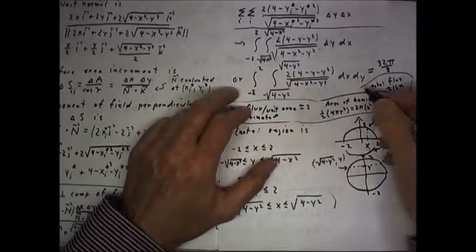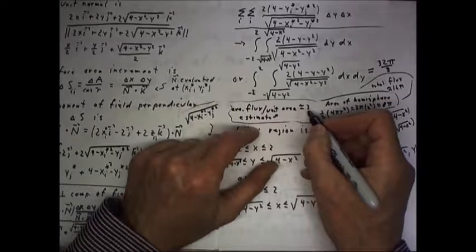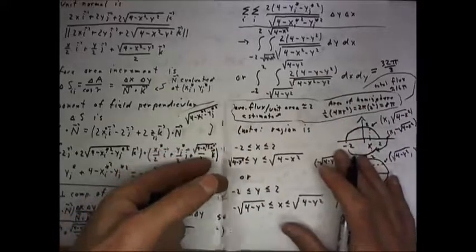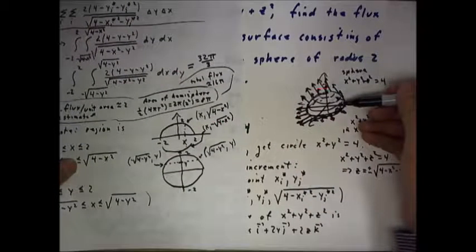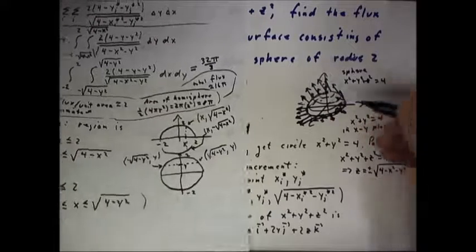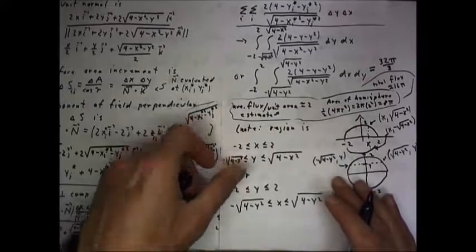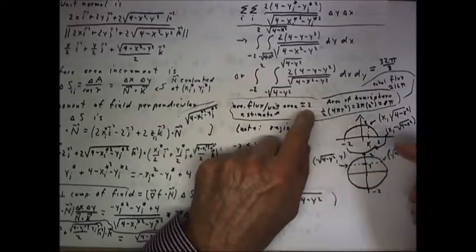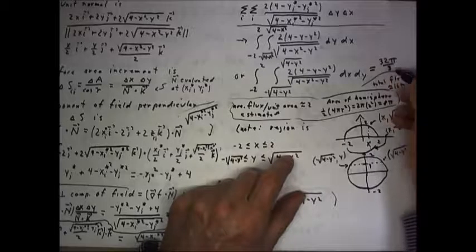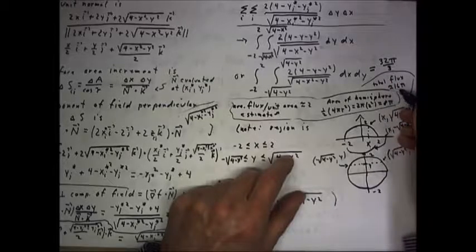Now that comes out a little more than 10 pi. The estimate was 16 pi, so I did overestimate the amount of flux. We have flux coming out of the region, we have flux going into the region, and I suspect I underestimated the amount of flux going into the region. So that the average rate at which flux leaves the region is a little less than 2. The integral is 32 pi over 3.